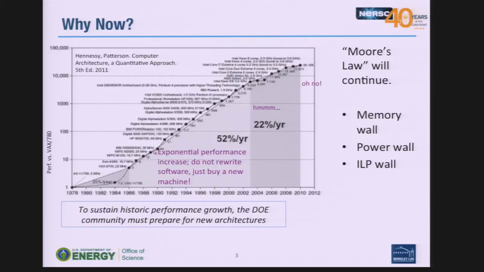And so the question is, why is this happening? There are a couple of what we call walls that you run into, and one is the power wall. The best way I can explain the power wall is, as you turn up the clock frequency, the power is proportional to the voltage squared, right?